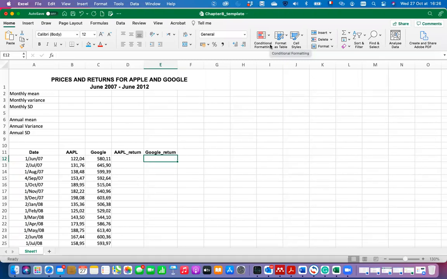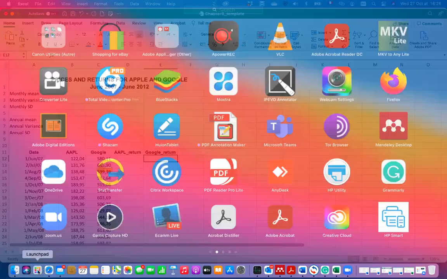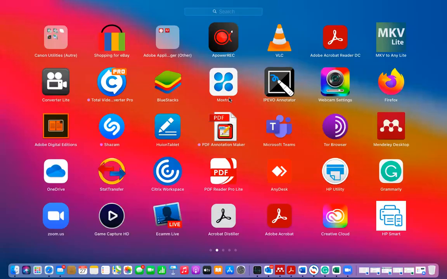So we call it continuous time. You can observe the price at any time. That's why we'll use the technique of continuous time return, using the logarithm. It's a very simple one. Let me just open the board.